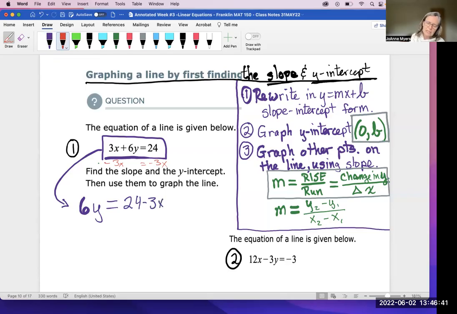But what I would really like is y equals some number times my x variable plus some other number. That is our slope-intercept form. Well, I have a positive 24, and then I'm subtracting 3x. You need to recognize that that is the same thing as if I subtract 3x and then add 24.